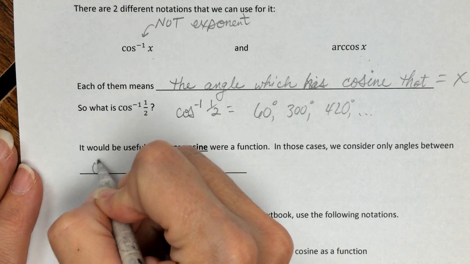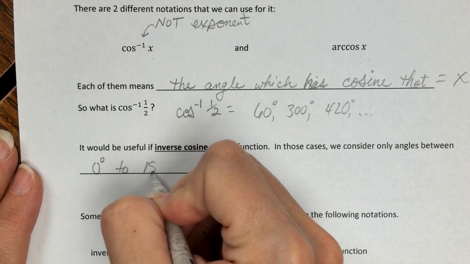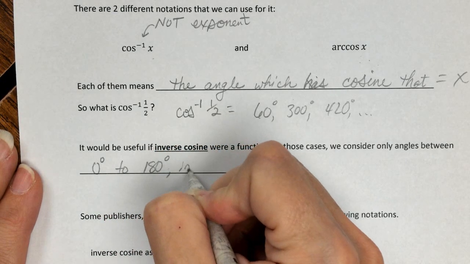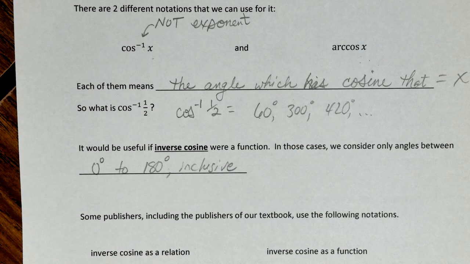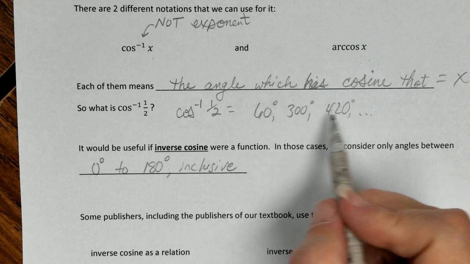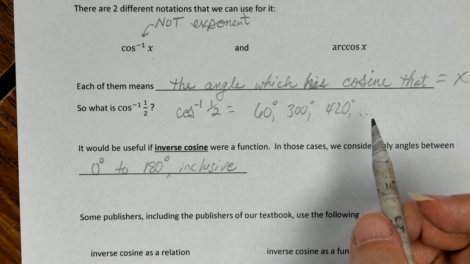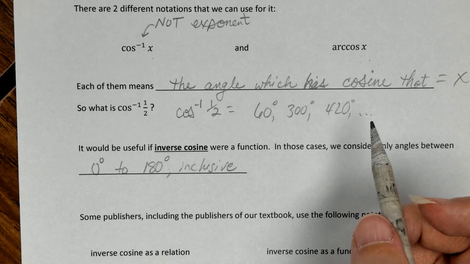Inclusive. So I guess I'll just write it like that. So including 0 and 180. Okay, so that would just limit this list to one answer, which would then make it a function.